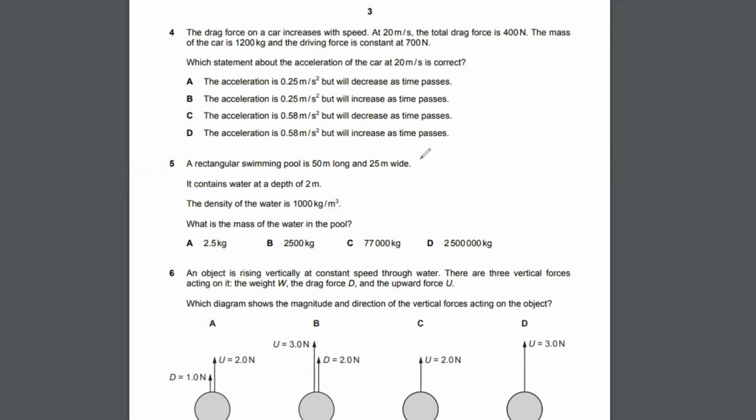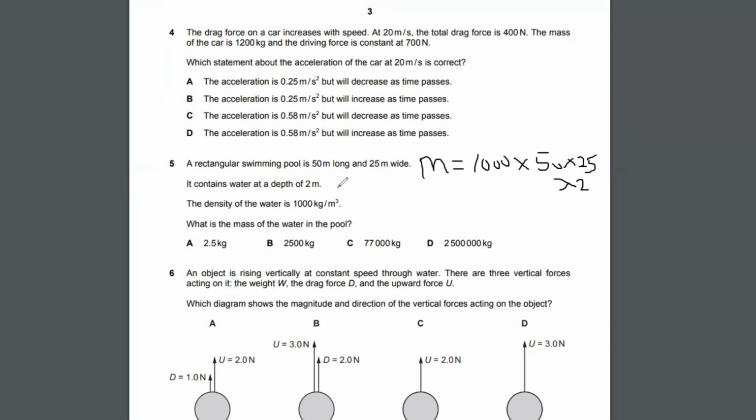So density into volume means it will be 1000 into these three values, 50, 25, and 2. So twice of 50 is 100. 100 times 1000 is 100,000, and then times 25. Okay, I'll just multiply this by this.